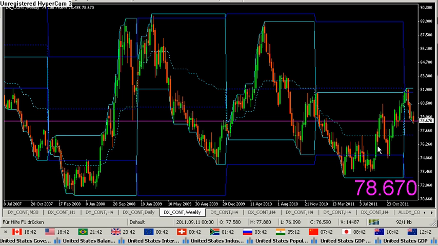In autumn or in summer, honestly I thought we would go broadly above 80, much higher, but this was before the downgrade in QE3.